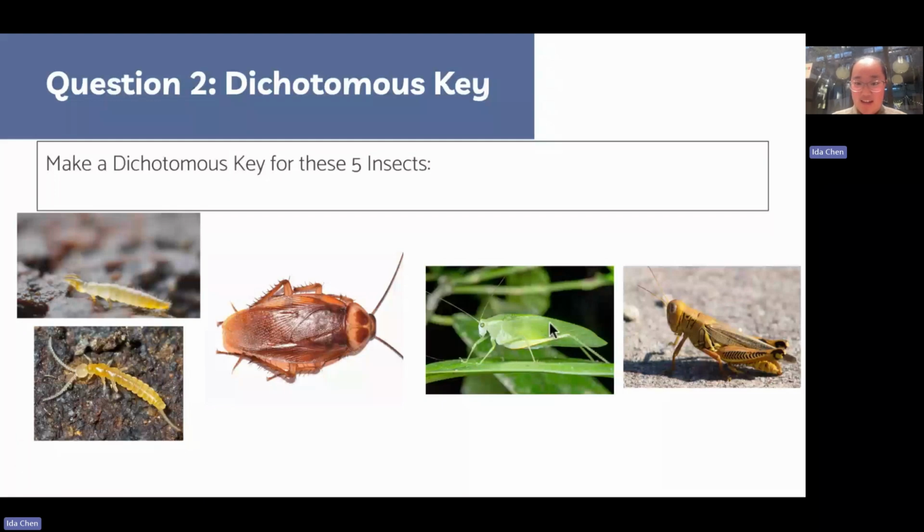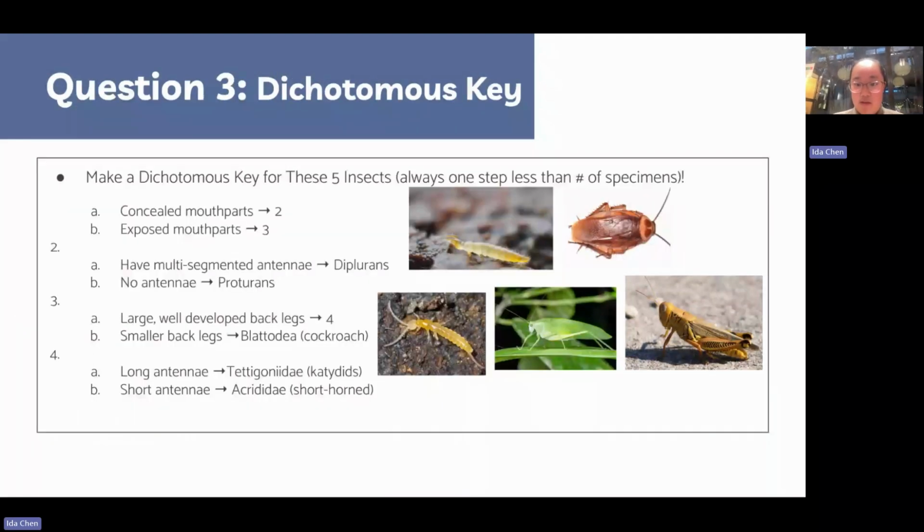Now let's take a look at the dichotomous key. If it looks slightly different, that's totally fine, but here are the ways that I found to differentiate them. The first thing is I was looking for the broadest category.